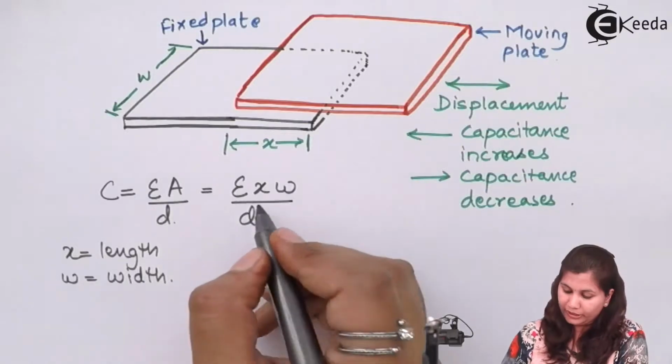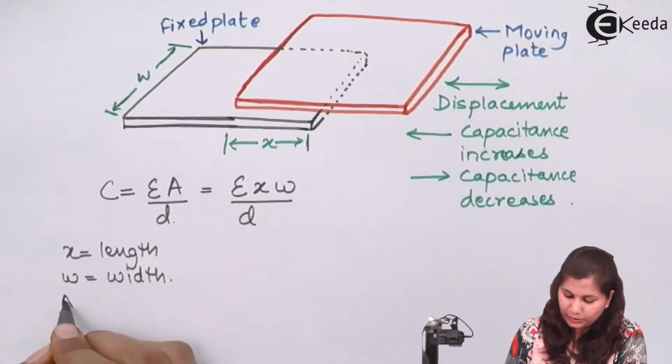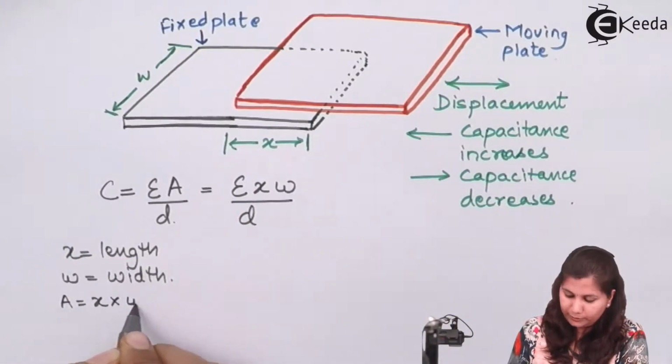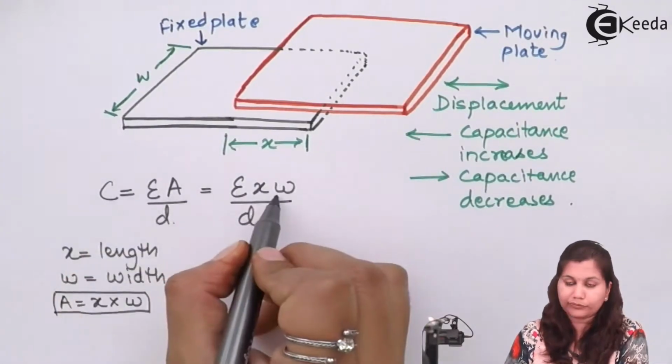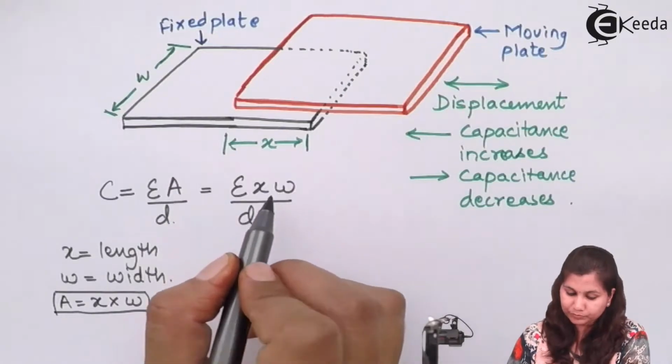So area is equal to X into W. So we have put here the value of the overlapping area.